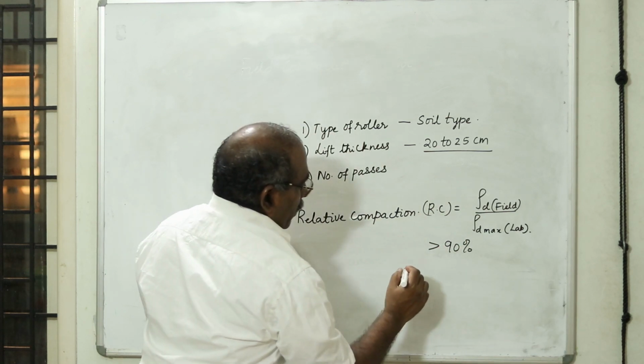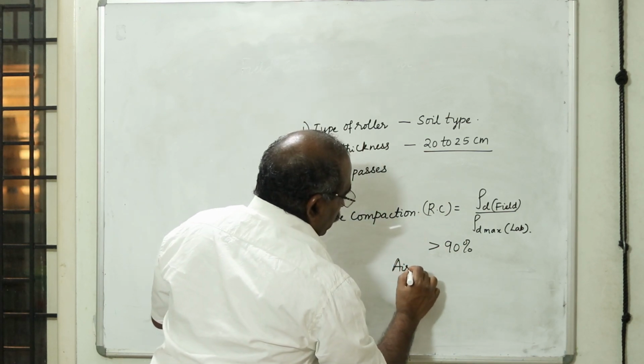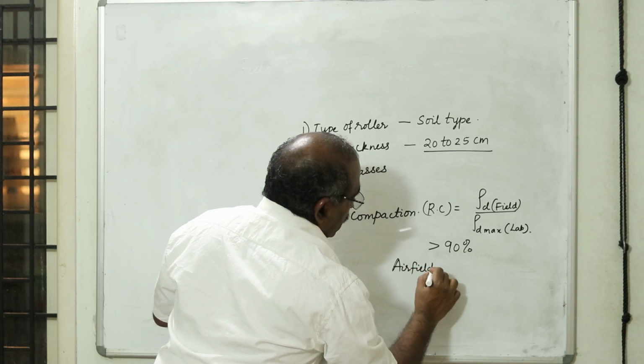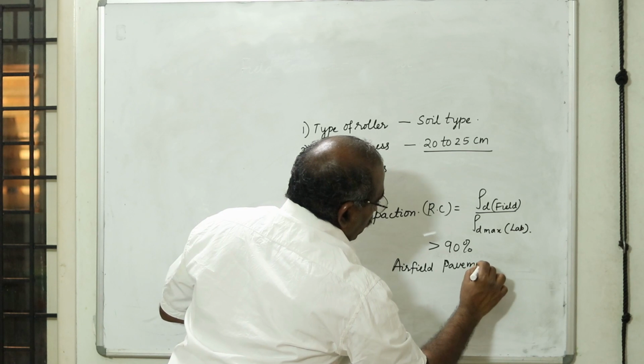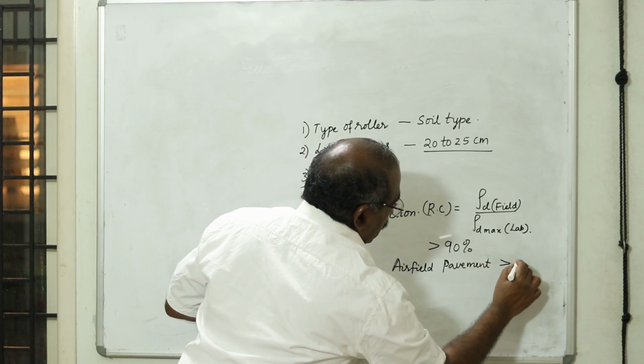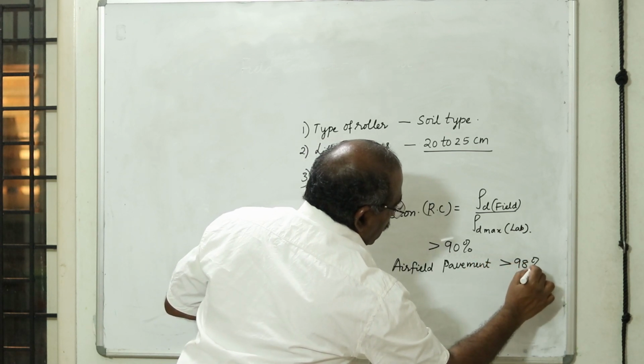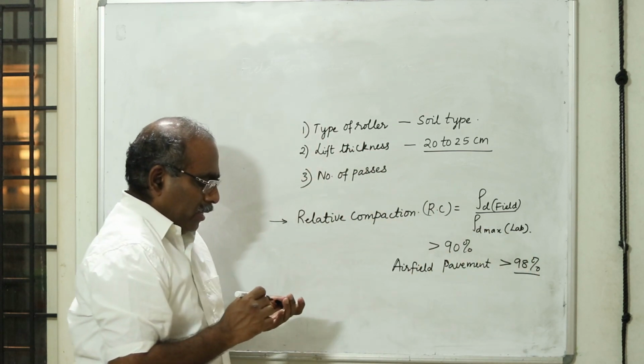For airfield pavements we need to have a very stringent requirement. For airfield pavements, we expect a relative compaction of greater than 98%. Therefore, we expect a very good compaction of the airfield pavement.